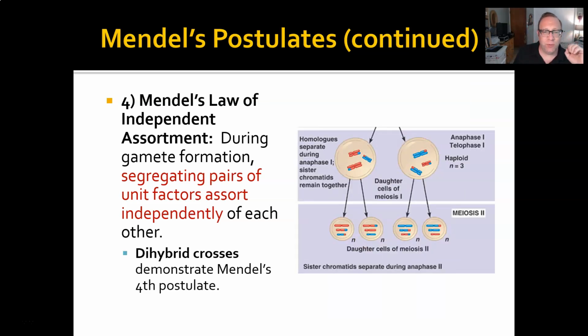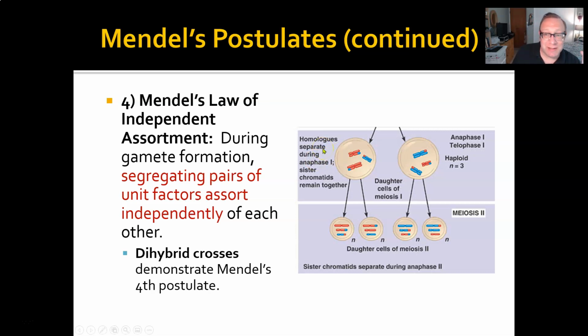What this is saying is, whereas the law of segregation talks about a single pair of unit factors splitting randomly into either zygote, the partners in 2 different pairs are no more or less likely to go into one gamete either.